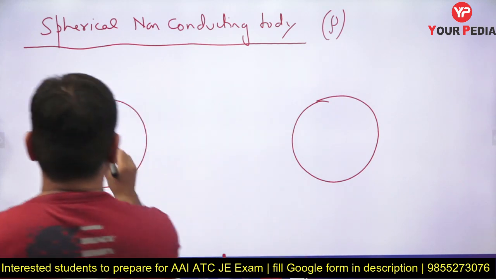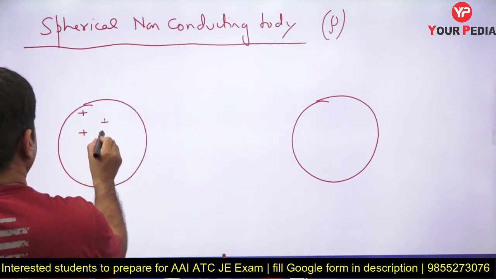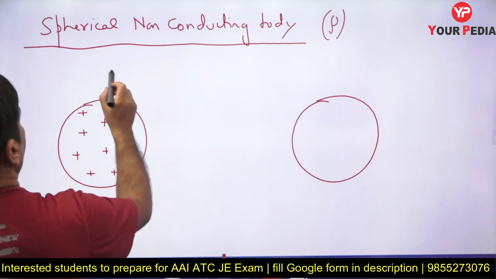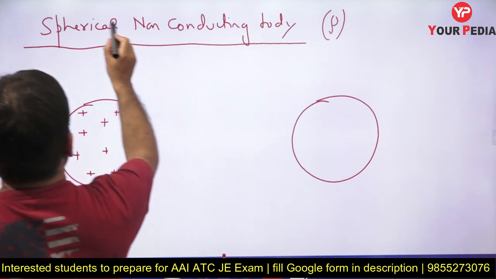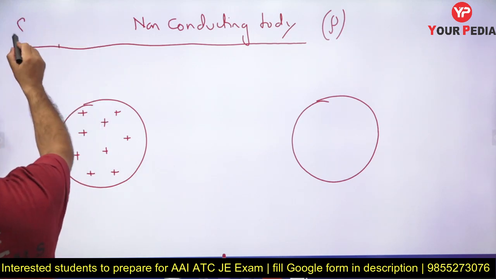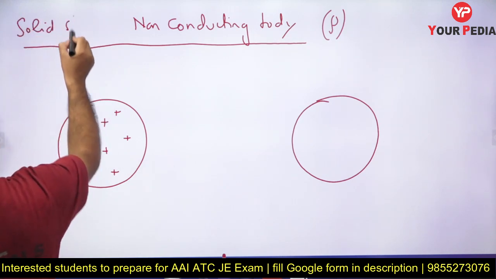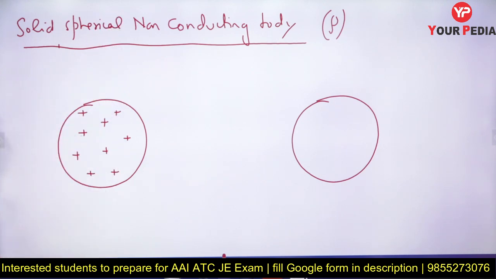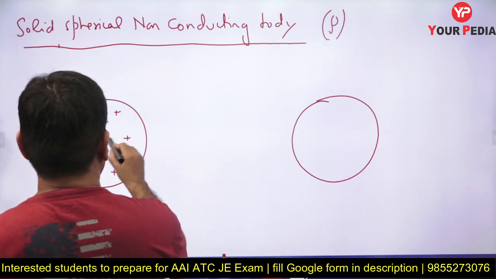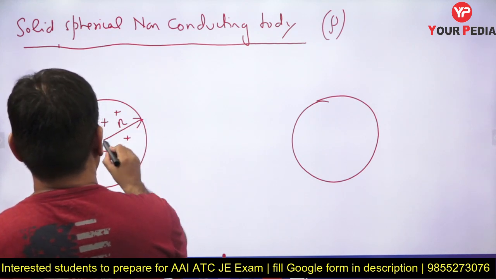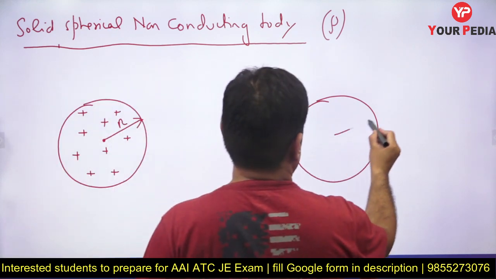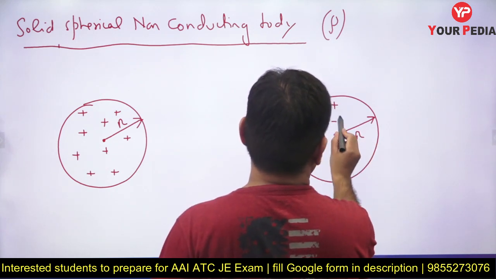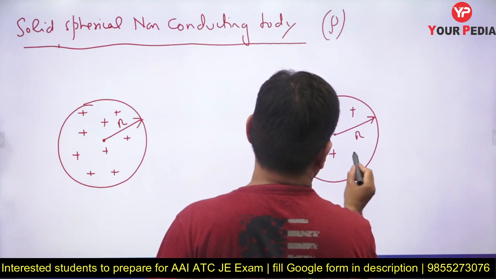This is the spherical shaped body in which charge is uniformly distributed over its entire volume, and this is a solid spherical non-conducting body. This is having radius r. This is also having radius r, and this charge is uniformly distributed over here.